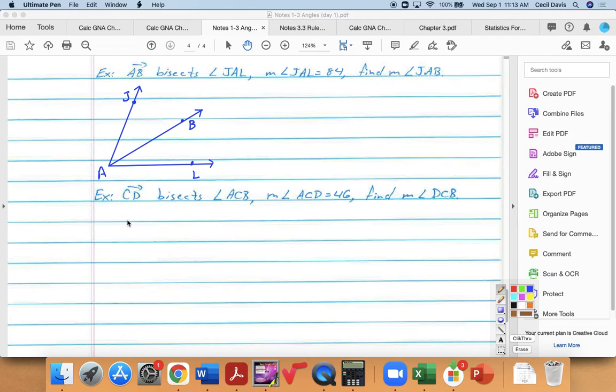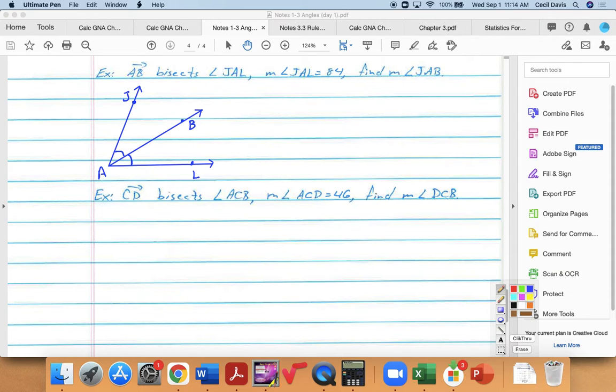And remember, with segments, we put a little slash across them to mark that they were congruent. For angles, we'll draw a little arc like this. Notice I offset those. If you draw them at exactly the same distance from the vertex, it looks like just one big arc.